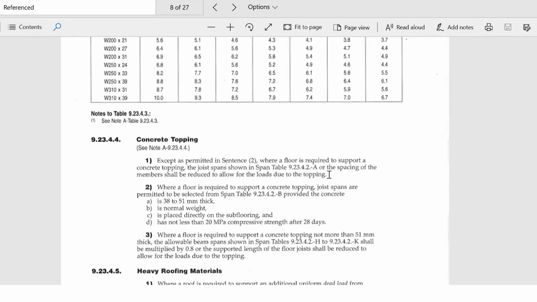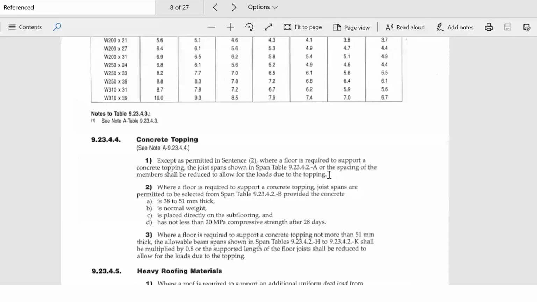Or, except in sentence 2, where the floor is required to support a concrete topping, joist spans are permitted to be selected from table 9.23.4.2B, provided the concrete is 38 to 51 millimeter thick, is normal weight, is placed directly on the subflooring, and has a compressive strength not less than 20 megapascal after 28 days.